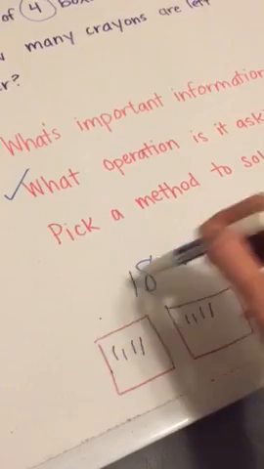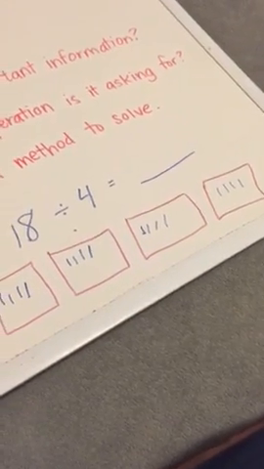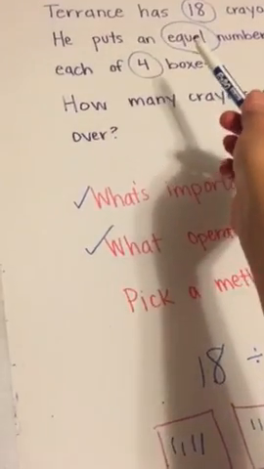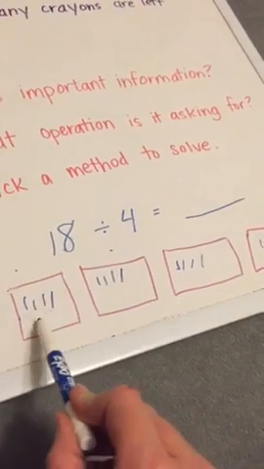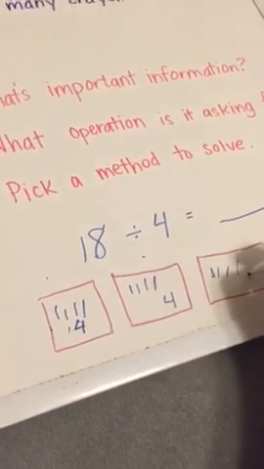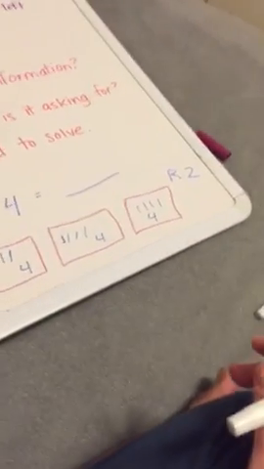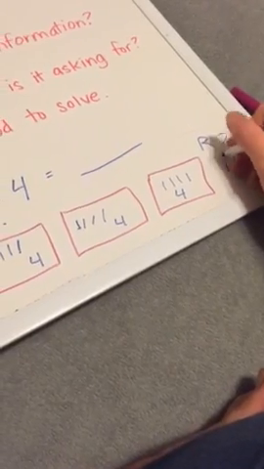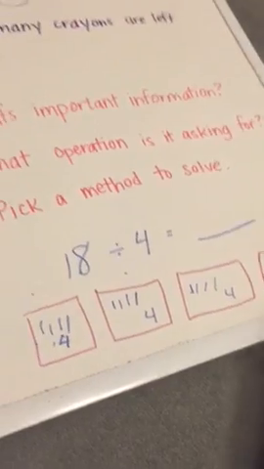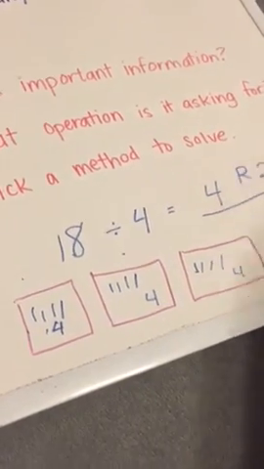Okay, I could do 17, 18, but then I don't have 2 extra for those boxes. So, it said to put equal amounts. Remember our word that we circled? So, I know that each of them is going to have 4. And I'm going to have what we call remainder 2. I'm going to have 2 crayons. Thought they were pencils. 2 crayons left over. So 18 divided by 4, we write the answer as 4 remainder 2.